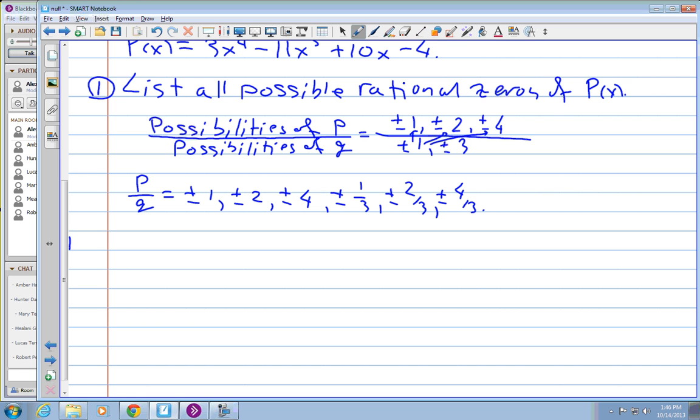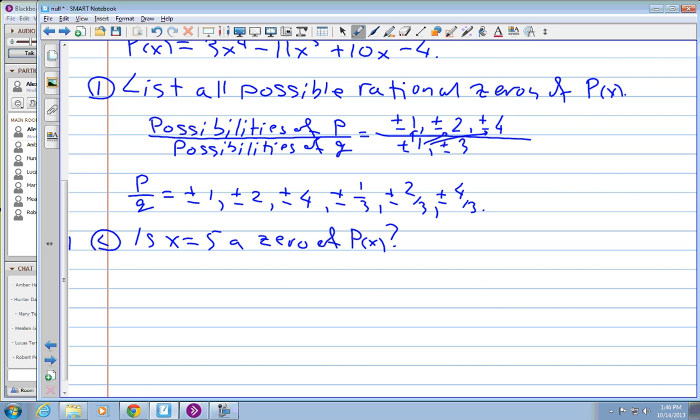Okay? So if our polynomial has rational zeros, it's going to be in that list. Now, here's the second question. Is x equals 5 a zero of this polynomial? You're going to say, no, it's not on the list.